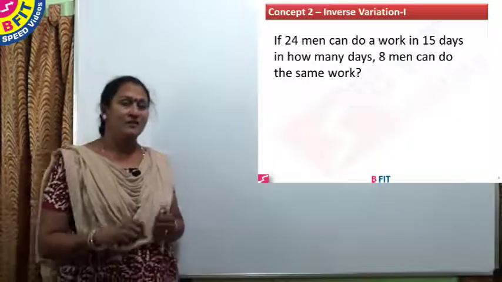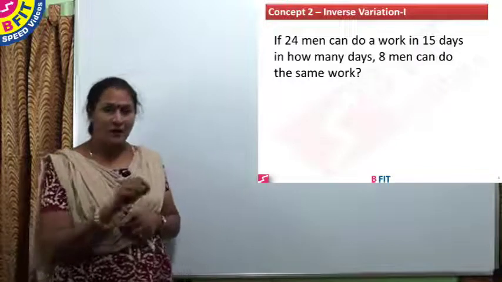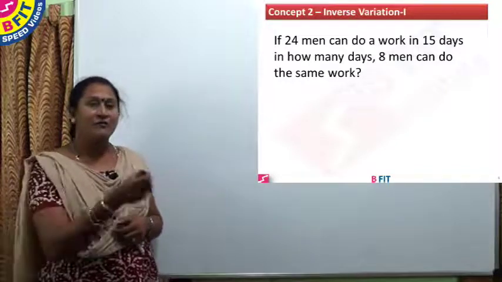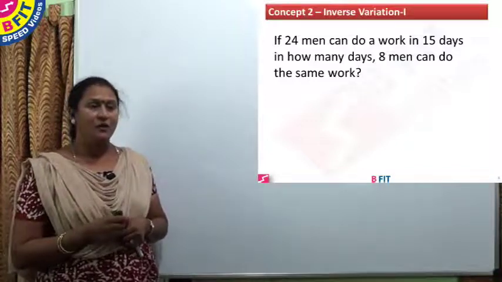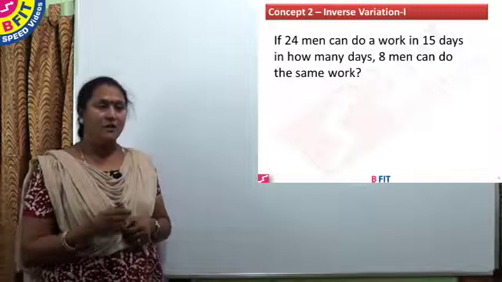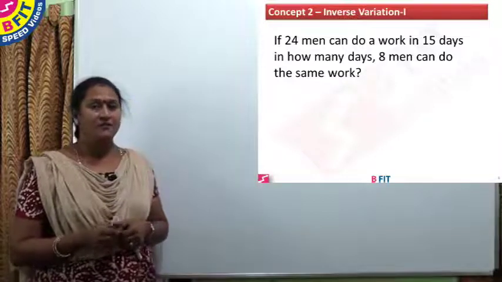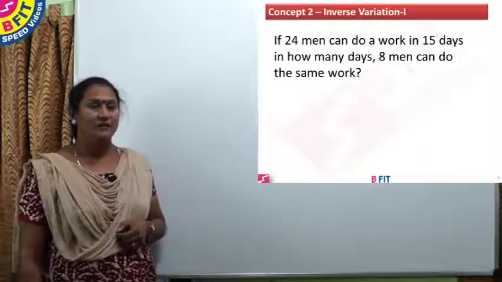Using the inverse variation concept, that is, the parallel product is the same, we'll see how to work out this question. The question is, if 24 men can do a work in 15 days, in how many days can 8 men do the same work? In this question, you have two variables, men and time taken.